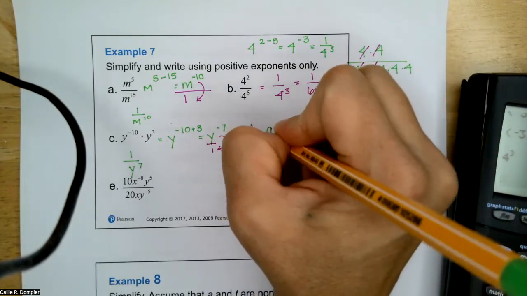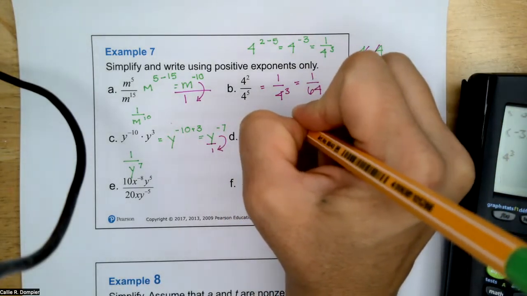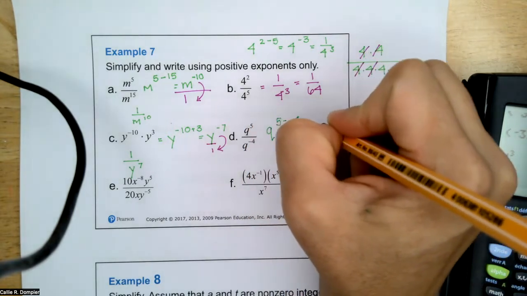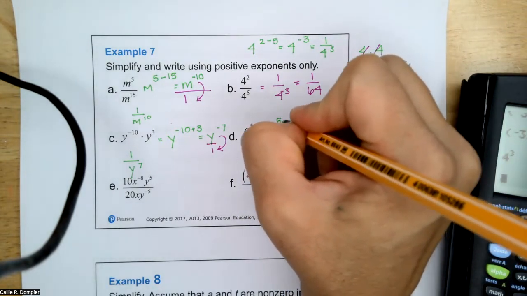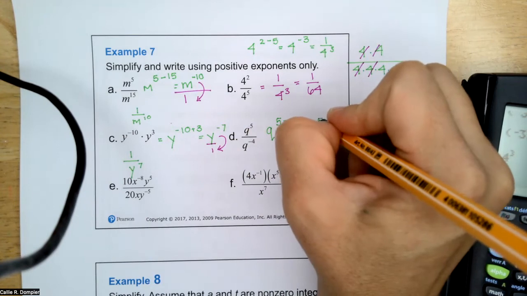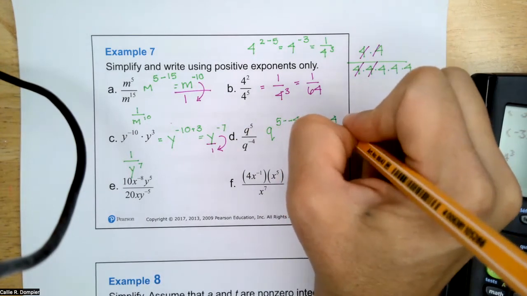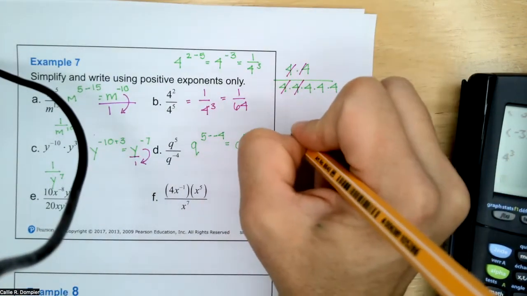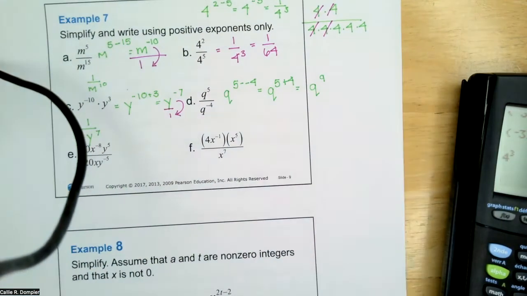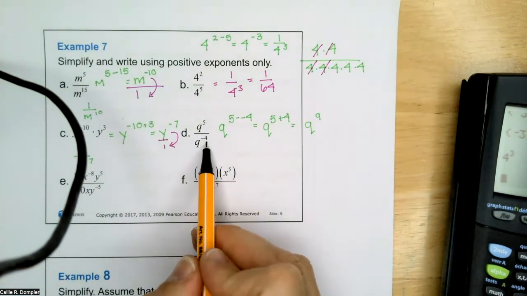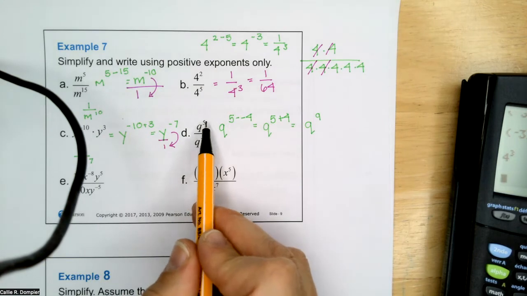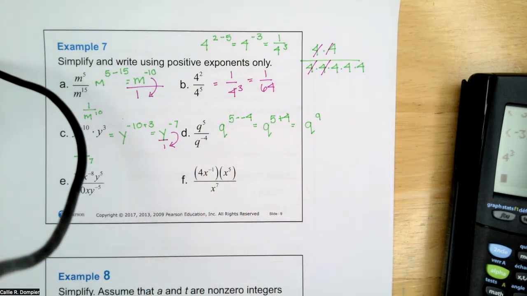That means I keep the base, and I say 5 minus negative 4, which is minus a negative is a plus, 5 plus 4, which is q to the 9th, okay? Because if that was up here, it would be a positive, and I would just be adding 5 plus 4 is 9.